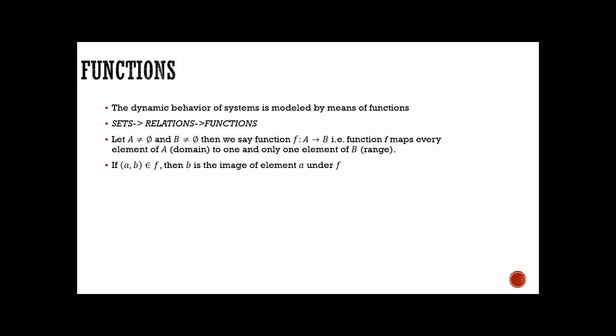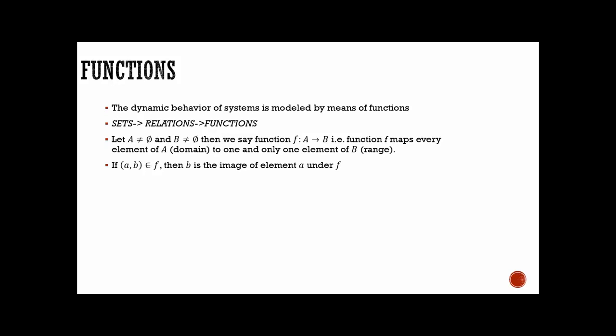So we now have a good understanding, hopefully, of sets and relations. So using that knowledge, we can build functions, which again are going to be the elements that we are going to use to represent the behavior of our systems.